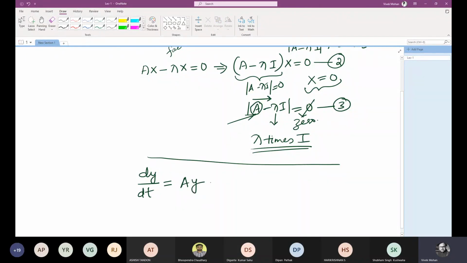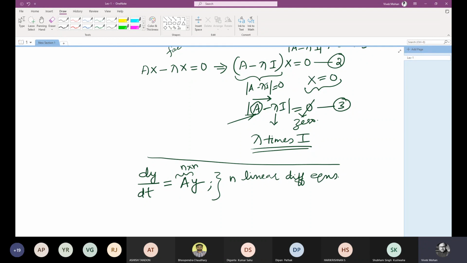If A is an n by n matrix, then this is actually n linear differential equations.